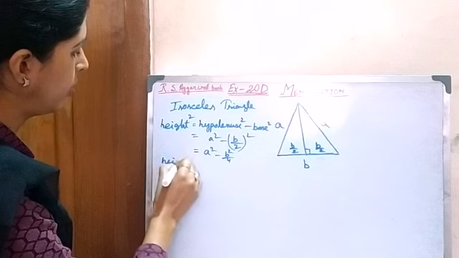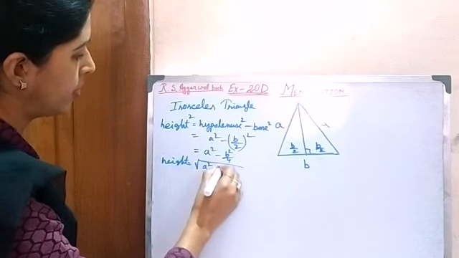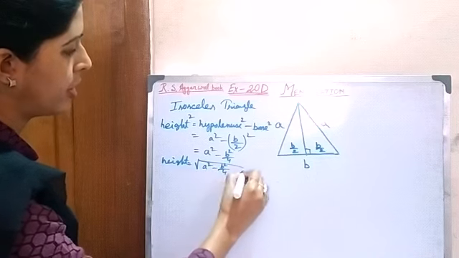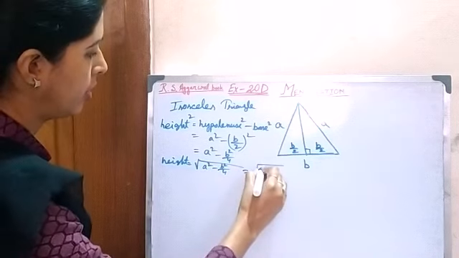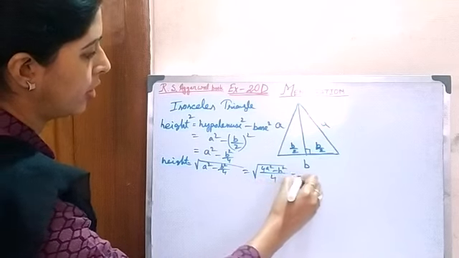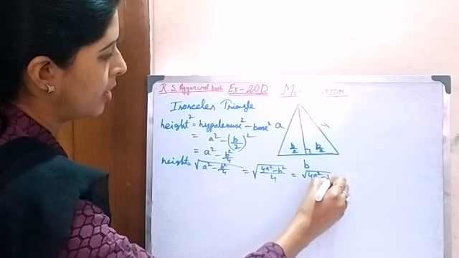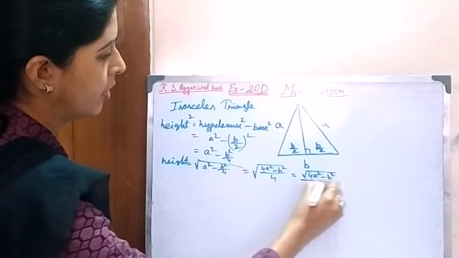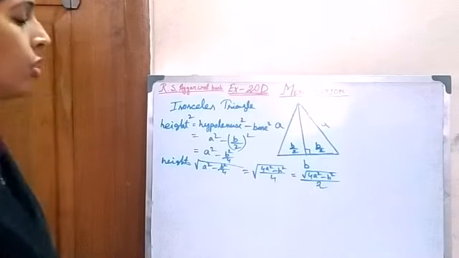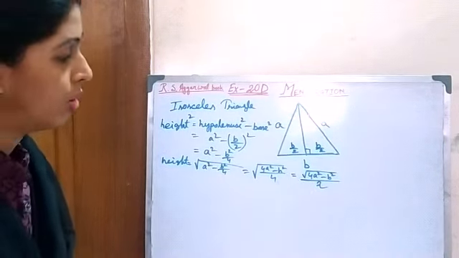So height equal to root over a square minus b square by 4. Now we can calculate it. 4a square minus b square divided by 4 equals root over 4a square minus b square divided by 2. When 4 will come out from the root, then it will be 2.